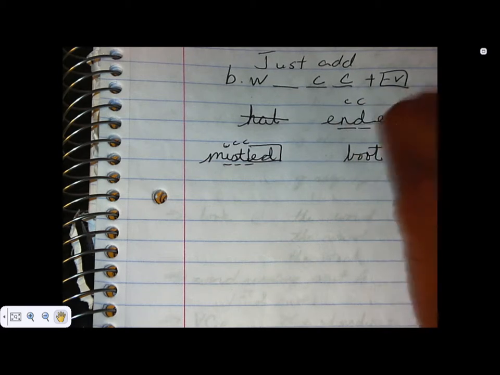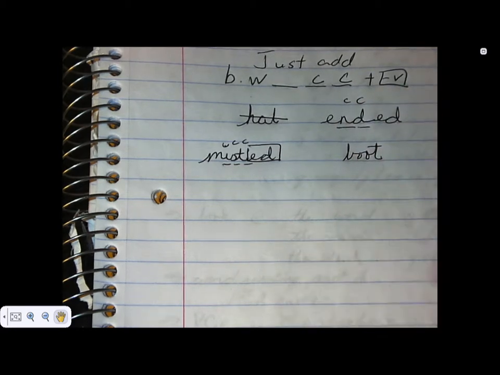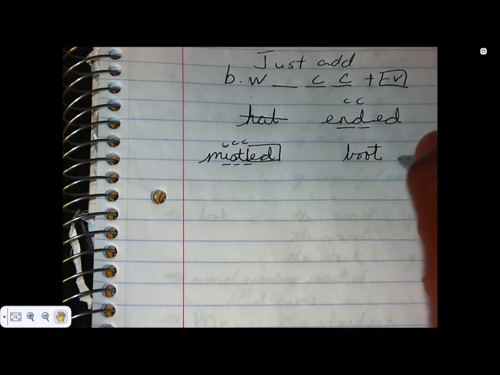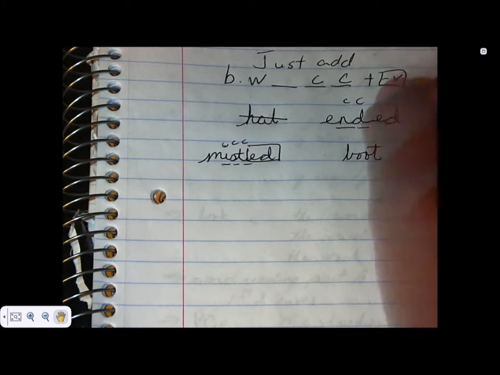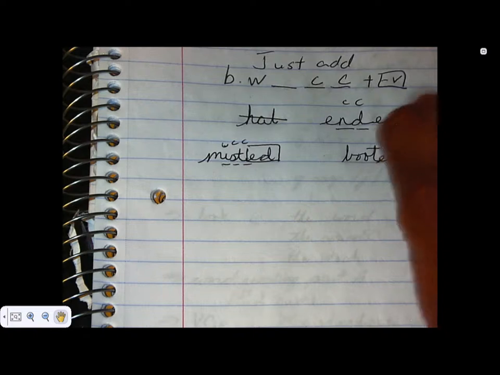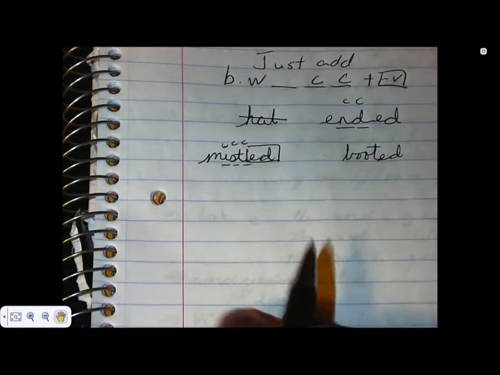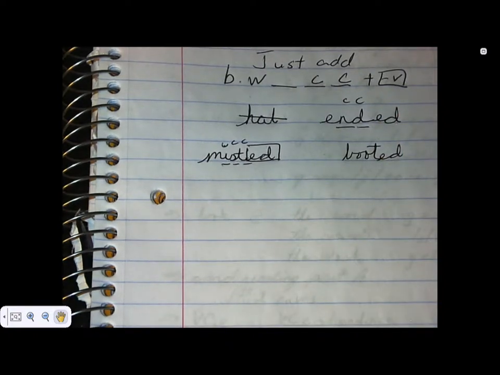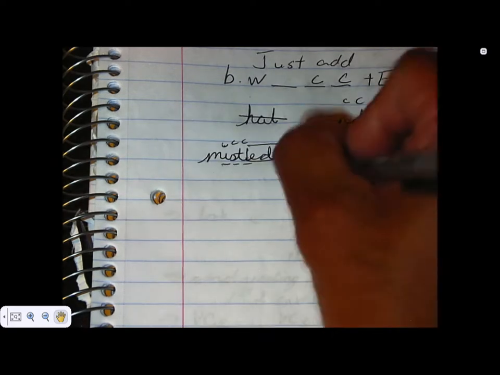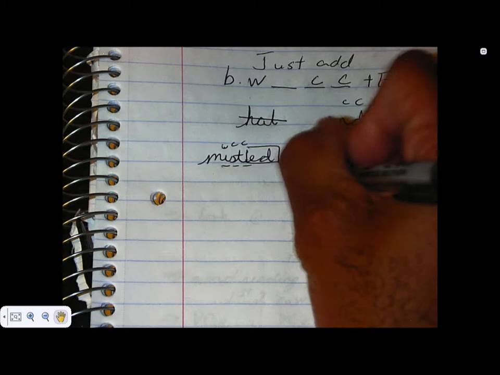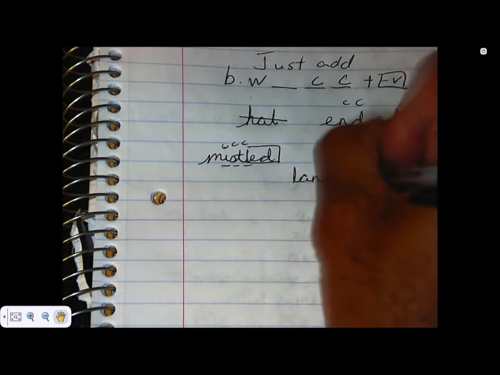B-O-O-T. And this word is boot. Actually, we're just going to add the ed on that one. That's not going to follow the rule we were looking at. That is a just add as well, but that's not going to follow the rule we were looking at. So let's do the L-A-N-D.